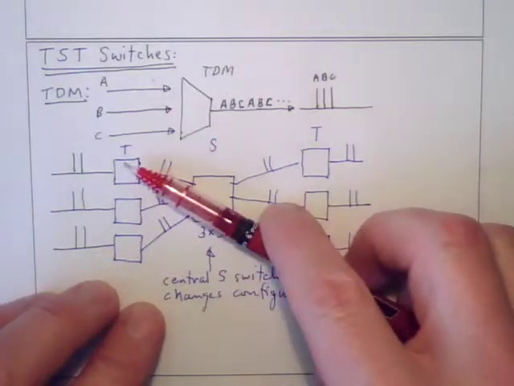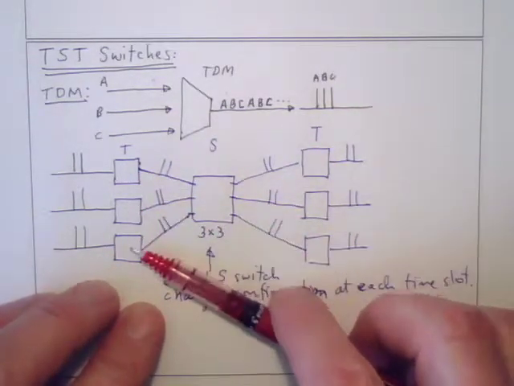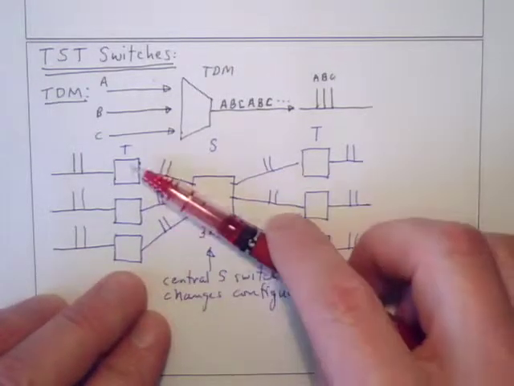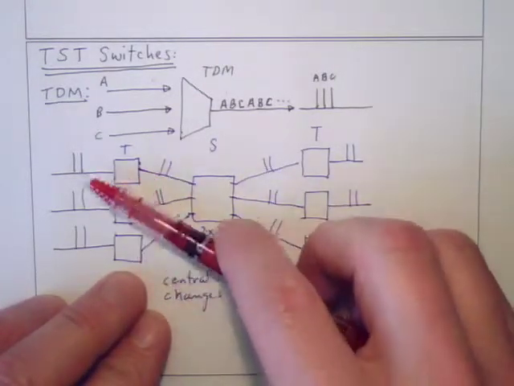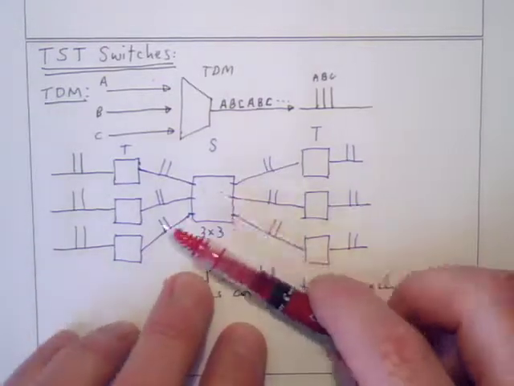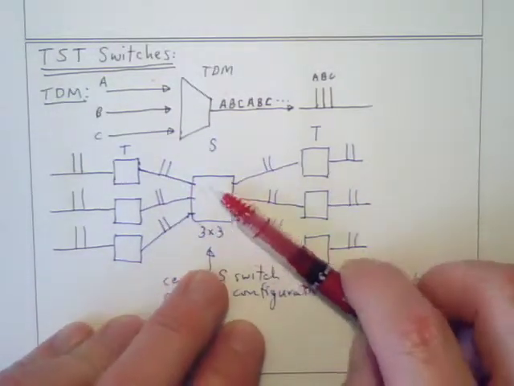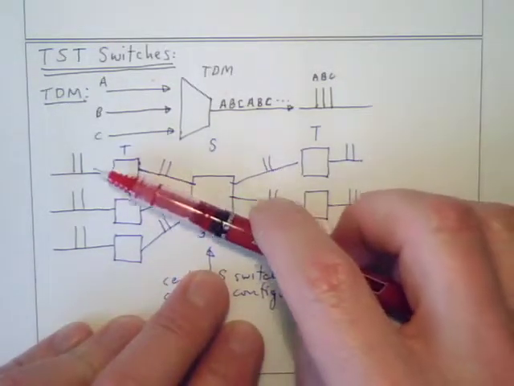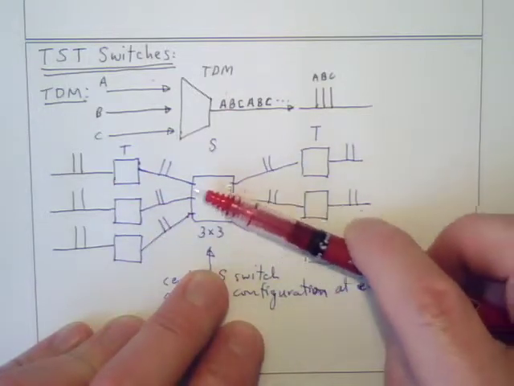So we have 3 different time slot interchange switches at the input, 1 for each of our inputs, and then we run those 3 signals into a space switch. Because we have 3 incoming signals, we need a 3 by 3 space switch.